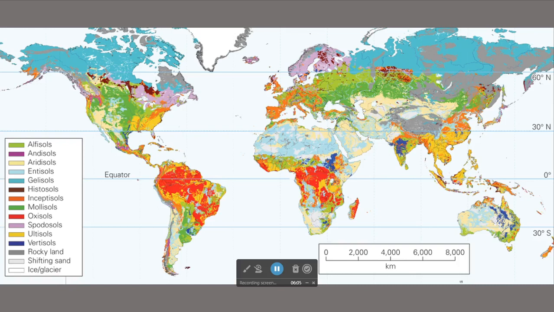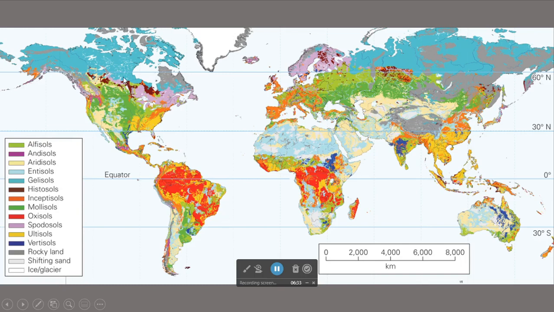Now, as we look at this map, you might notice some patterns. For instance, in South America and Africa along the equator, you're seeing lots of that red color. Those are oxisols. In the United States, there's a large area of mollisols in that green, and that's also seen in parts of Eastern Europe and in Asia.